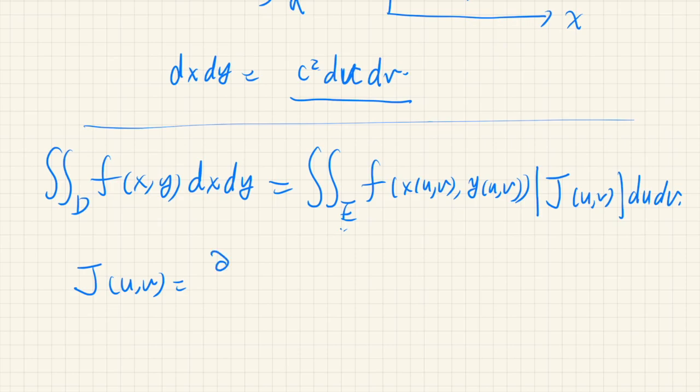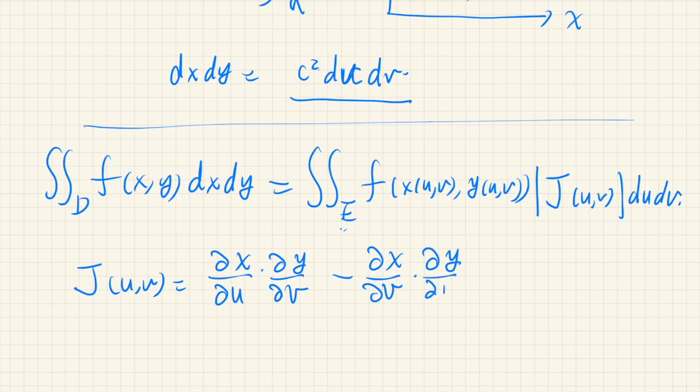That is, dx/du times dy/dv minus dx/dv times dy/du.